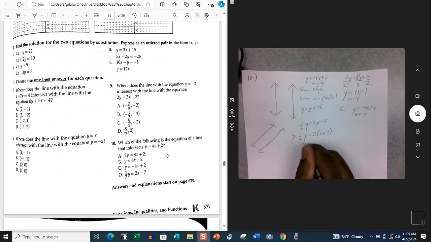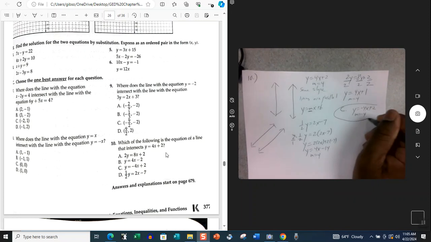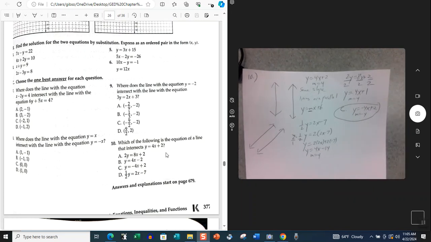These will simplify out and leave you y. So then you have 2 times 2x plus 2 times negative 7. So it'll be y equals 4x minus 14, which means your slope is 4. So we know when our slope is 4 that that's a parallel line, so we can't use D as well. So our answer here would be C.